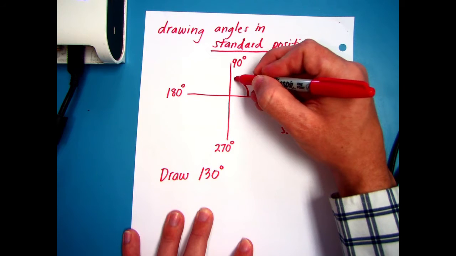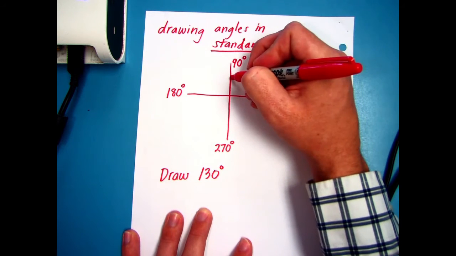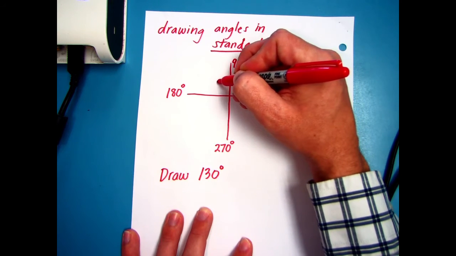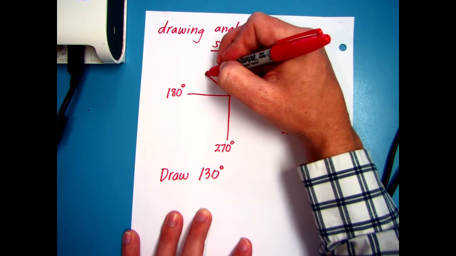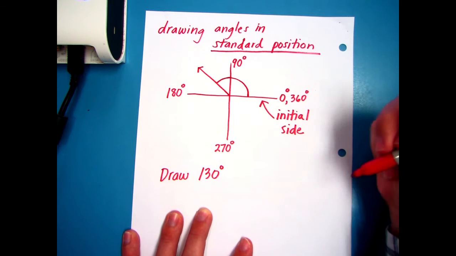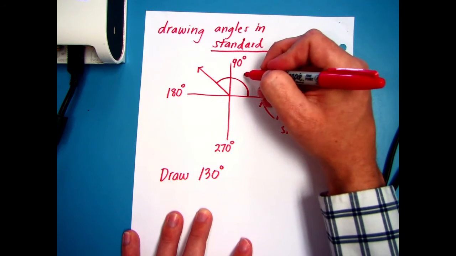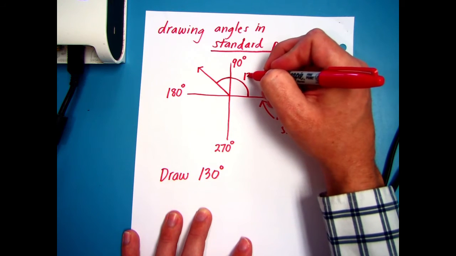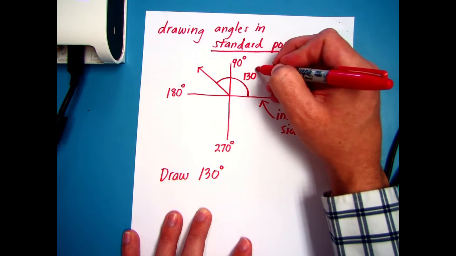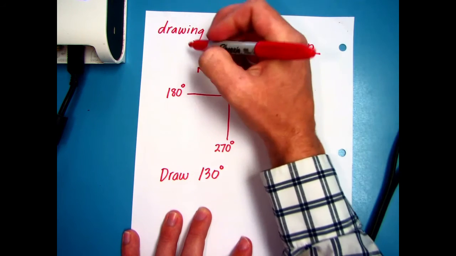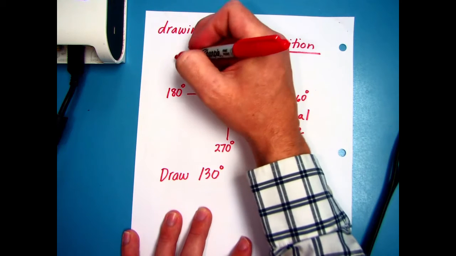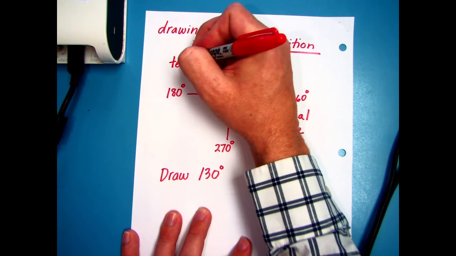So, moving counterclockwise, we pass 90 degrees and we end up somewhere in the top left in between 90 and 180. You can just eyeball where 130 is in between 90 and 180, but we're in the top left.